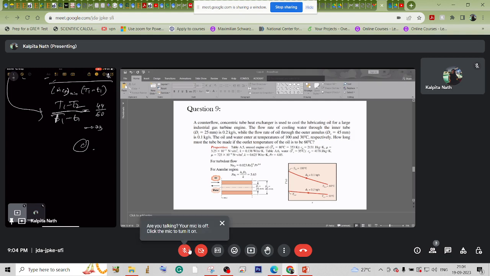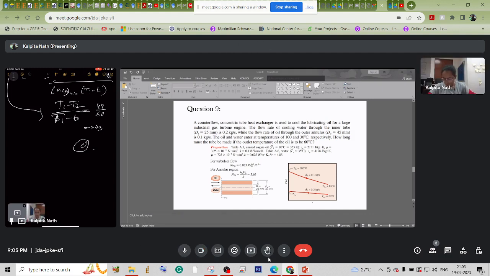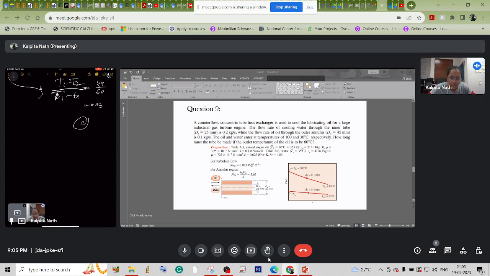Okay, so we have taken enough time on this question. Let us proceed with the solution now. What is asked here? How long must the tube be? First, we'll do the overall heat balance and get the heat transfer rate from there.